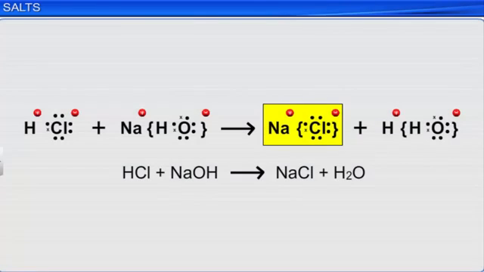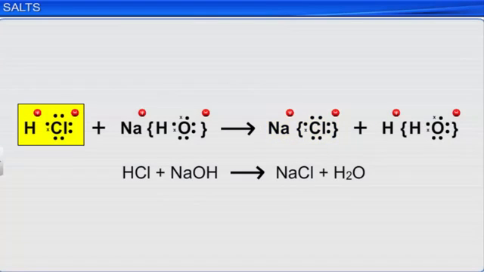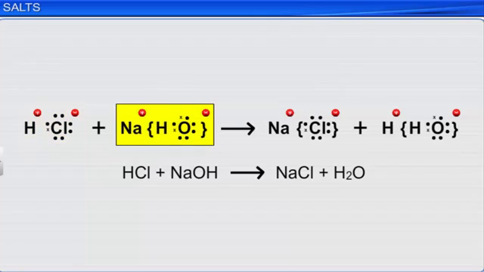In sodium chloride, the hydrogen ions of hydrochloric acid are replaced by the sodium ions, cations of sodium hydroxide.